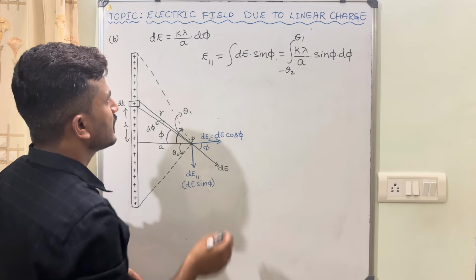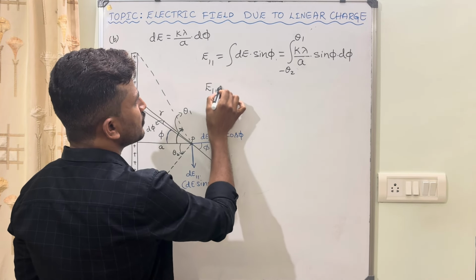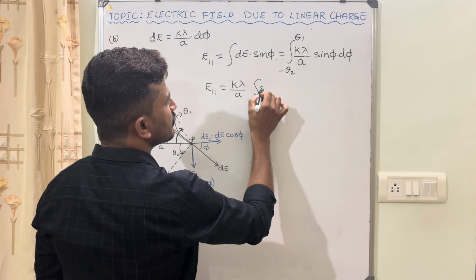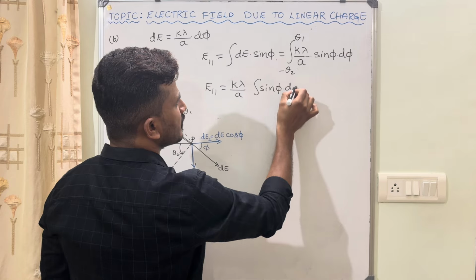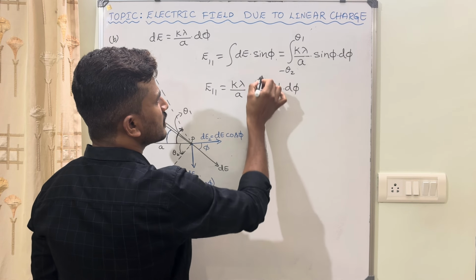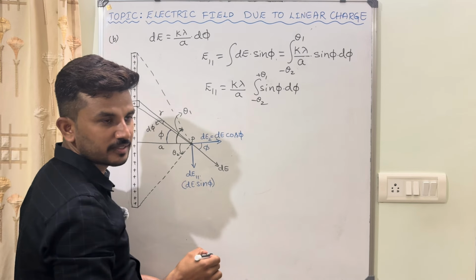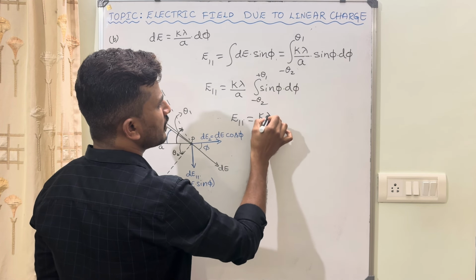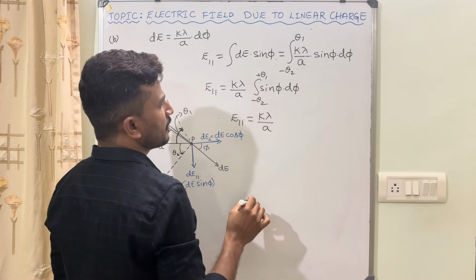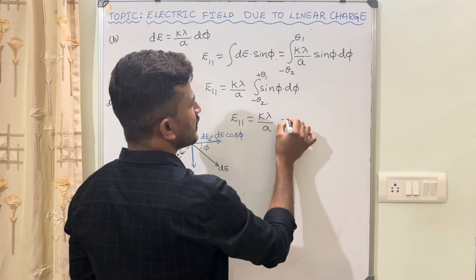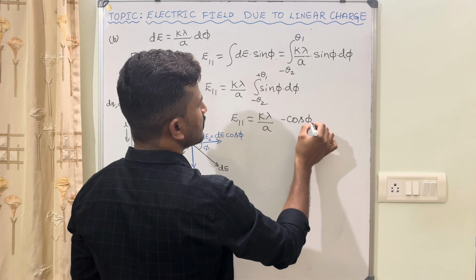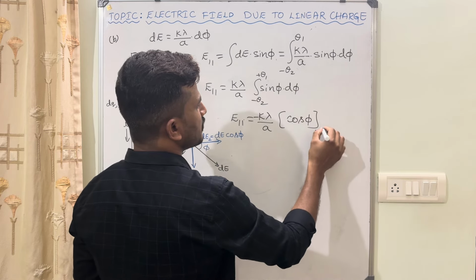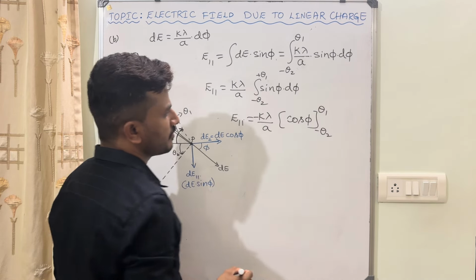Next we have E parallel is equal to K is constant, lambda is constant, A is constant. Integration of sin phi d phi is what? Between the limits minus theta 2 to plus theta 1. So E parallel is equal to K lambda divided by A. Integration of sin phi is minus cos phi. I will take minus outside, between the limits minus theta 2 to plus theta 1.